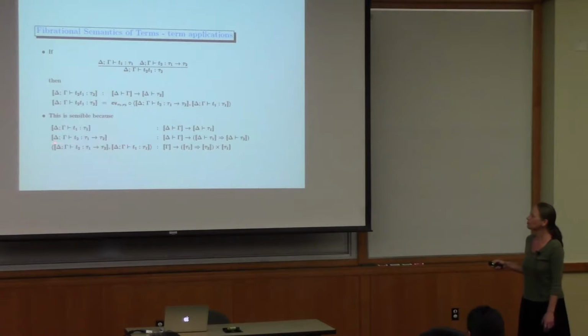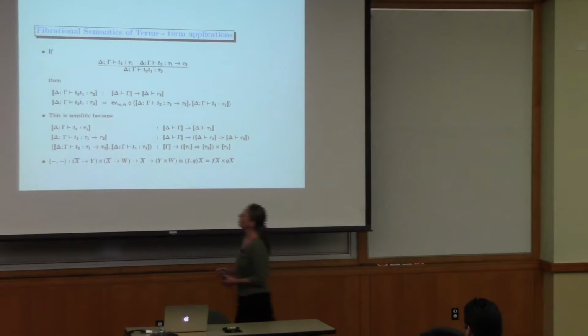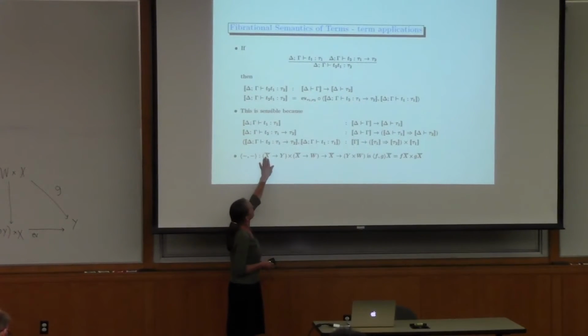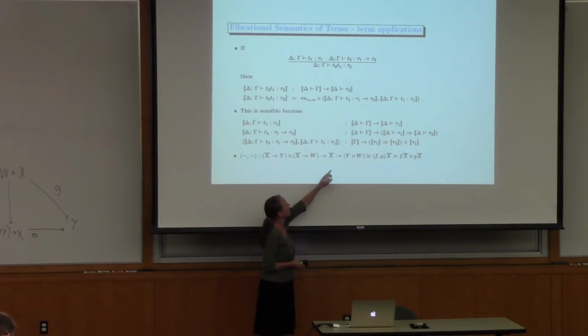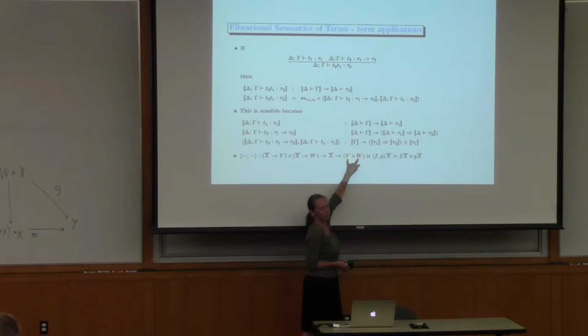So if I were to pair up those two terms, then I have to tell you what that pairing thing is. So the pairing thing is going to do this. If you give me something that takes a bunch of inputs and gives me a y, and something that takes the same bunch of inputs and gives me a w, then if you give me that same bunch of inputs, I'm just going to split it and apply each of these two functions to it, and I'll get a pair of results y cross w.